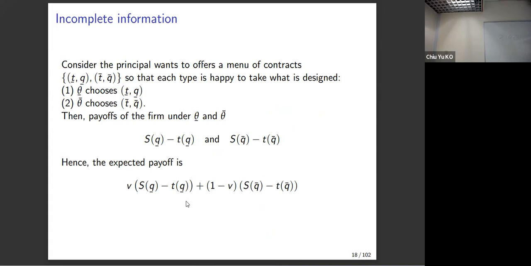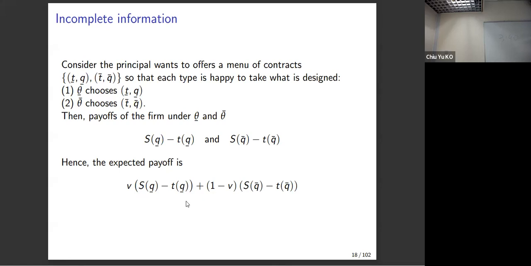We don't talk about this directly, but later you will see, if I have time to go over it, what is called the revelation principle, where there's no loss of generality, in contract theory, in only designing a contract for each type.